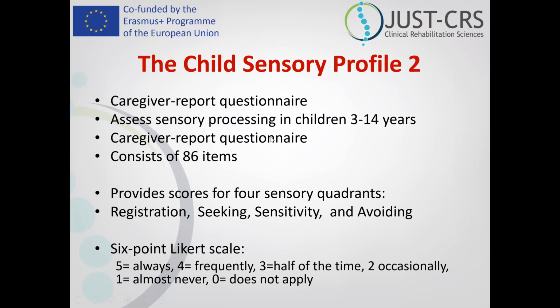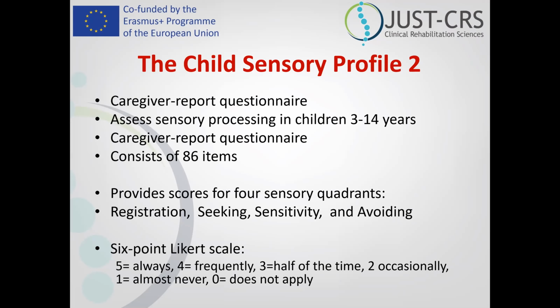This form is for children between the ages of 3 and 14 years. It is a caregiver questionnaire, which means caregivers like parents or any adult who takes care of the child or knows the child can fill out this form for the child.